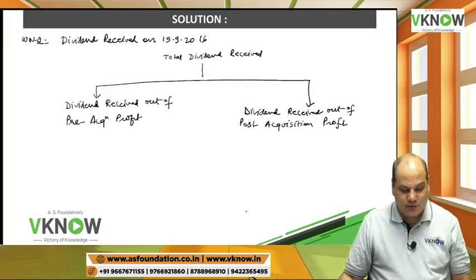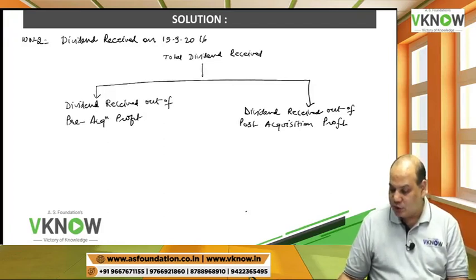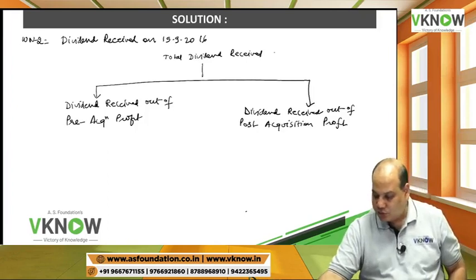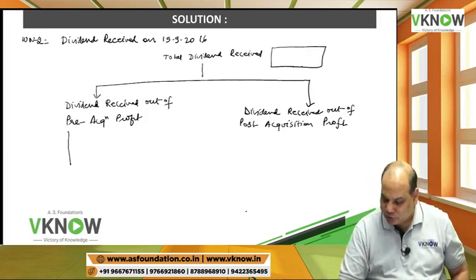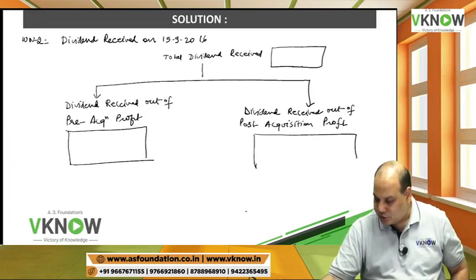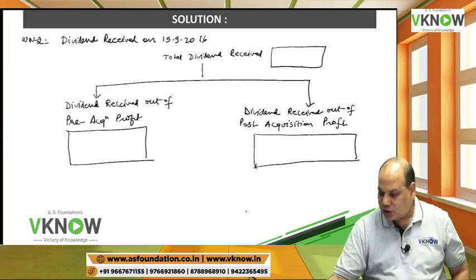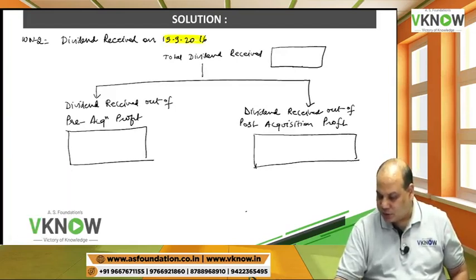You have to participate. Okay, working note 2 is dividend received on 15 September 2016. So my 3 questions to this batch of highly talented students: first question, how much dividend in total was received on 15 September?